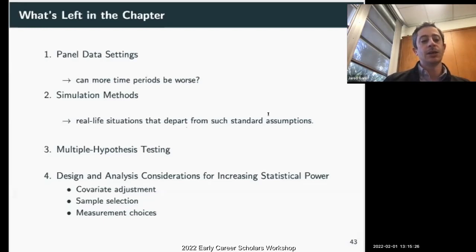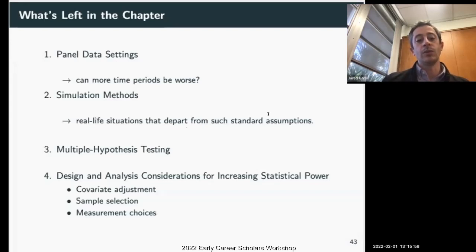In addition, many real-life situations are going to depart from these standard assumptions, and we might want to use simulation methods to try to come up with our optimal sample size and minimum detectable effect. Another one is multiple hypothesis testing. As we're testing, if we have many different hypotheses, when we consider them jointly, the test needs to be changed significantly to consider the likelihood of a false positive on any of these tests.